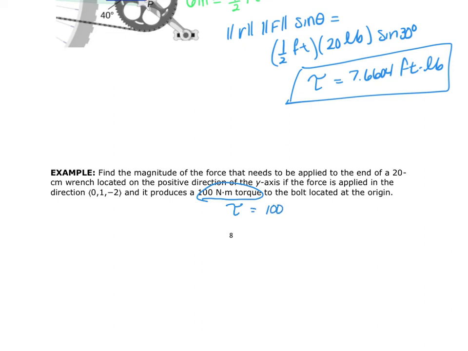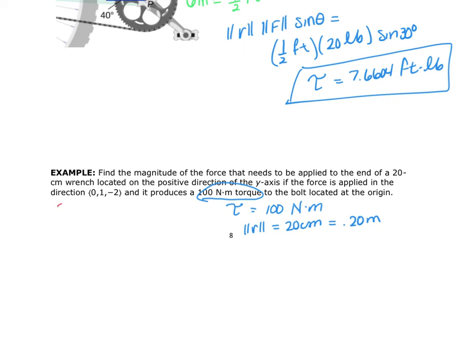It's 100 Newton meters. They also tell me the magnitude of R, that's the length of my wrench, which is 20 centimeters. Now my tau is in Newton meters, so I've got to convert this into meters. So it's 0.2 meters.